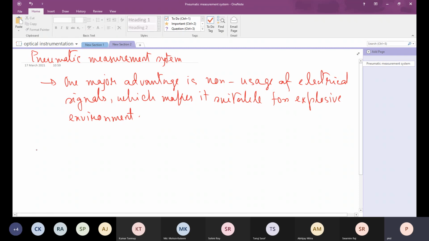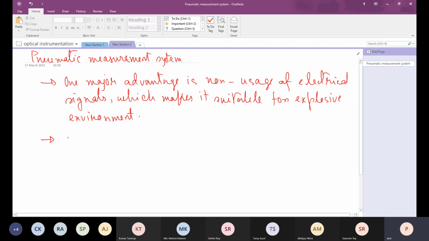Pneumatic measurement and actuating systems were devised long back along with the mechanical measurement and actuation systems in the 18th century and then in the 19th century as well. However, it went down to the 20th century, and even now pneumatic actuators are used.